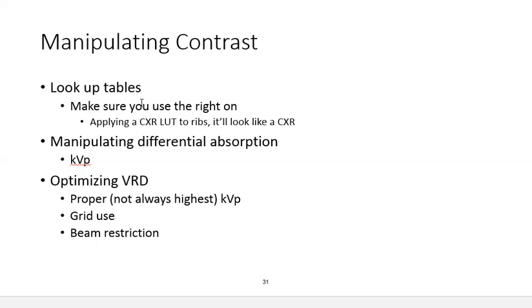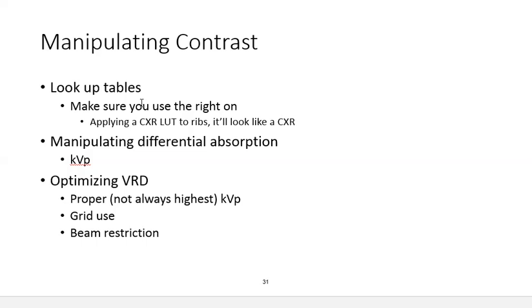If you apply a chest x-ray lookup table to ribs, it's going to look like a chest x-ray. If you apply a ribs lookup table to a chest x-ray, it's going to look like ribs. So what you tell your computer you want it to look like is going to apply an H&D curve to your image, to your range of exposures that you created, to try to fit it within a window that would describe the exam that you told it you were shooting.